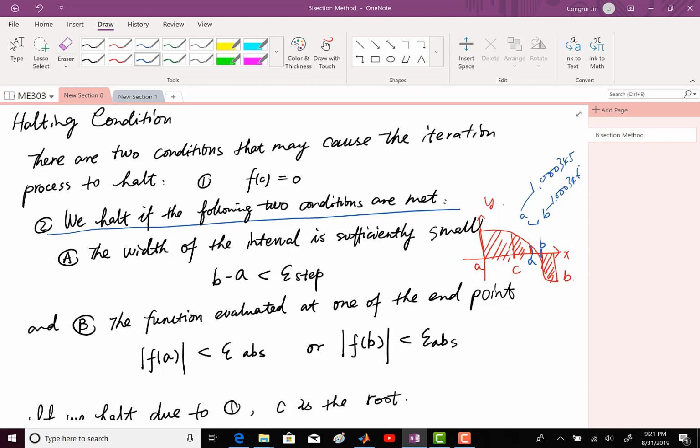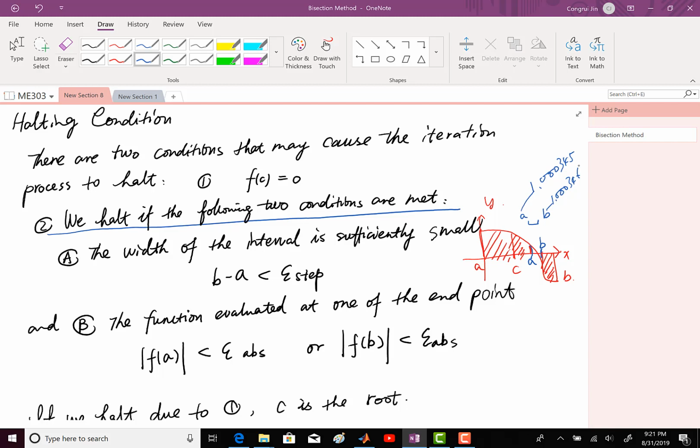For some applications, we may not need an extremely accurate root. So if we say that the root is somewhere between 1.000345 and 1.000346, that's good enough. We can use a or b as a very reasonable estimate of the root, and then we can stop the iteration.